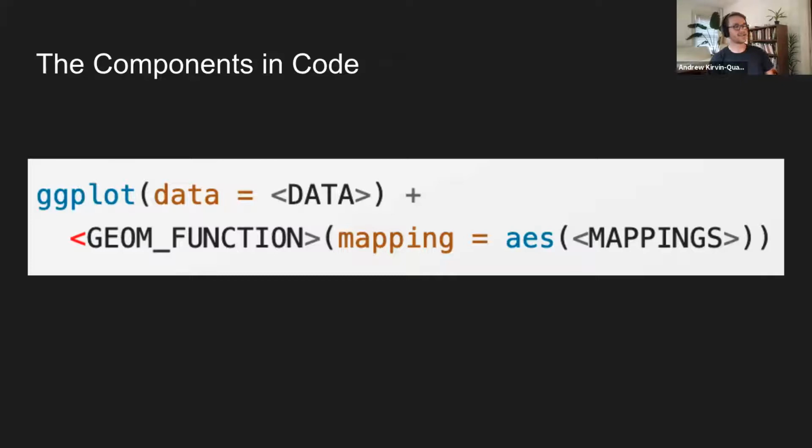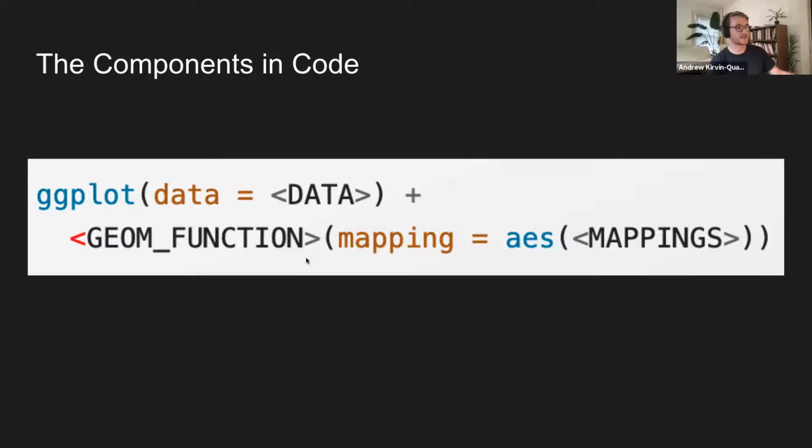Well, ggplot is a pretty slick function inside of ggplot2, which allows you to make graphs. So you have your function, just ggplot, and then you give it the data. So that's the data component. You tell it where to look. And then you have a geom function. So there's a bunch of different functions that correspond to all the important different geoms.